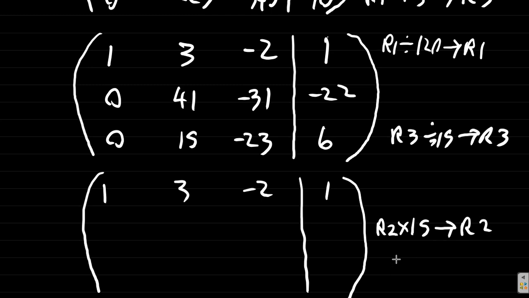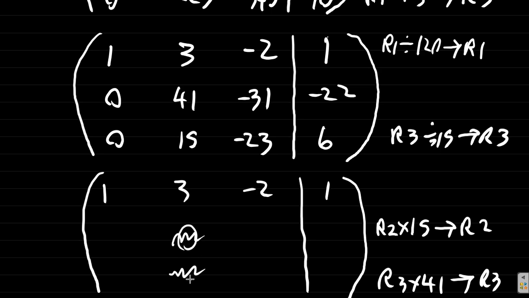Then, we're going to have row 3 times 41 gives us our new row 3. These will be the same numbers. Why? Because 15 times 41 will be the same as 41 times 15. See?